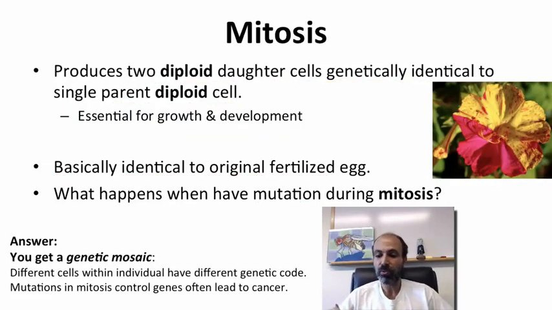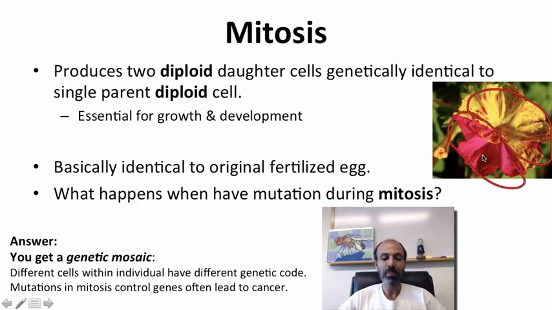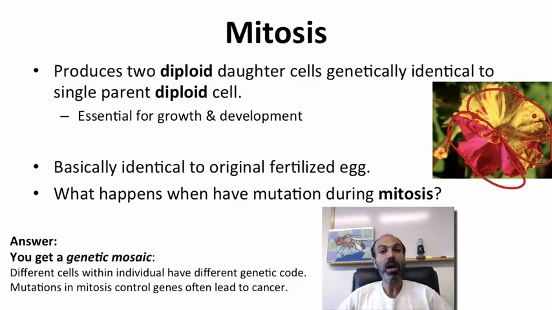And this shows you a picture of a flower that is a genetic mosaic, where there was a genetic change that happened in the cells leading to this half of the flower relative to those leading to that half of the flower. So there are different cells here that have a change in the genetic code from the others. Now, mutations in mitosis control genes have been known to be associated with various cancers. So this is often a very bad thing when it happens.